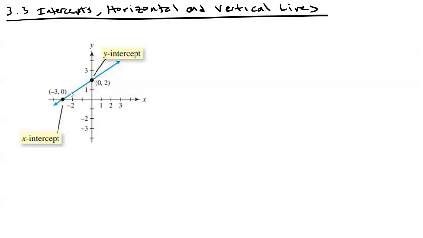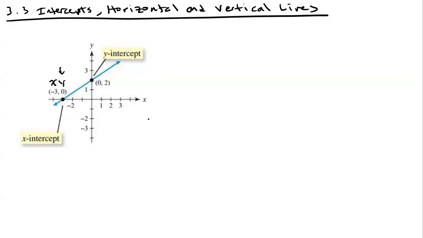But notice that when you find the intercept, for the x-intercept, they give you a value for x. So x, they tell you, is -3, but notice that the y value here is 0. So to find the x-intercept, you just plug in 0 for the y value.